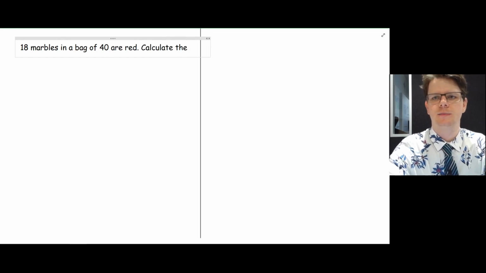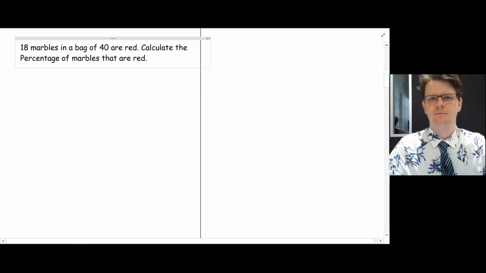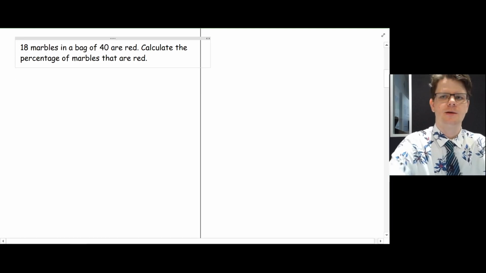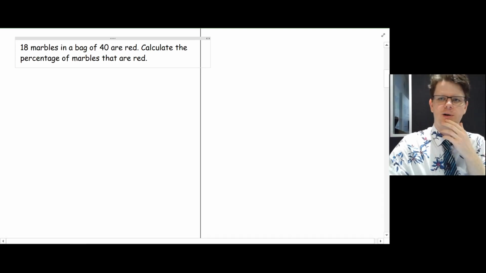Calculate the percentage of marbles that are red. Now I've written this in a little bit of a confusing way, but I'm hoping that we're going to be all right with it.